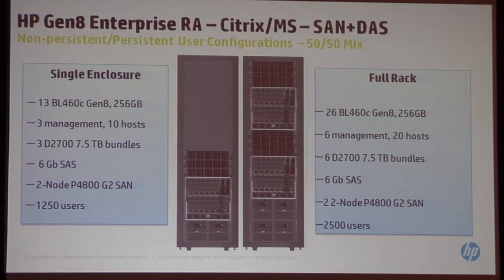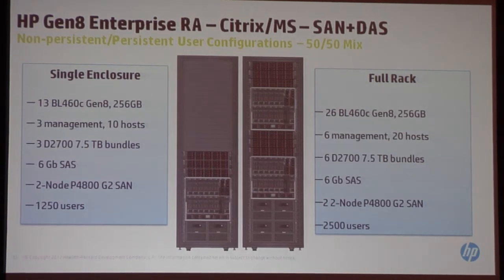So now we have our Citrix Microsoft Hyper-V reference architecture where we mingle SAN and DAS. So we have our DAS components still based on direct attached SAS connectivity, but then we actually drop in some P4000, P4800 storage under the covers and do some actual sharing of desktops. And these are for desktops I have to protect. I have to have a SAN environment in the back end.